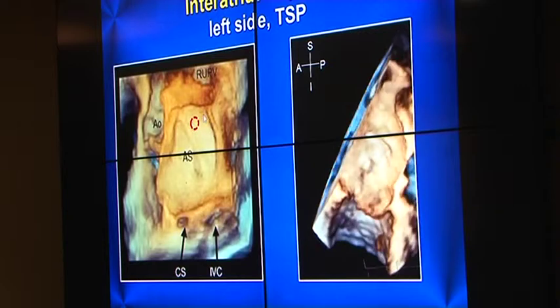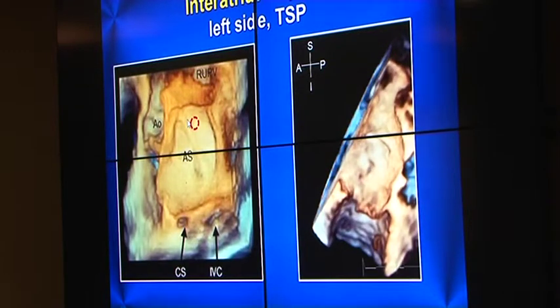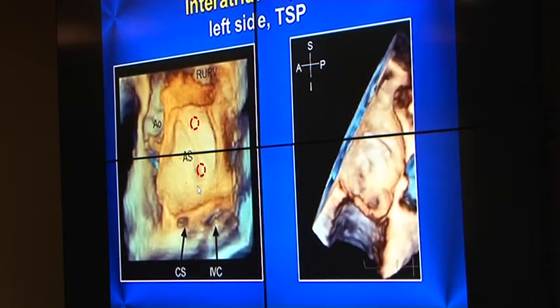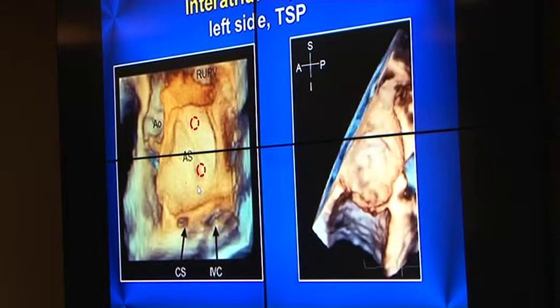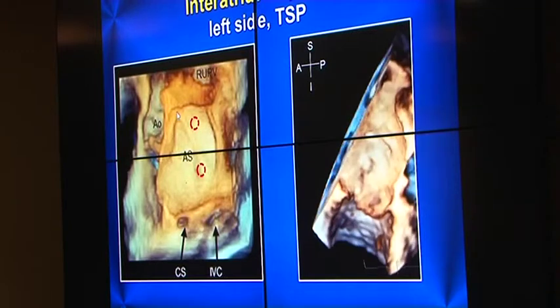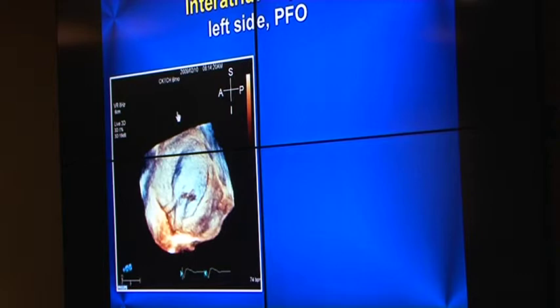For example, we should select a superior-posterior crossing point in case of mitral clip implantation. But if we would like to close the appendage, we would select a posterior-inferior point for the crossing. And during the intervention, when an echocardiographer provides this en face view, it's easily recognized where the interventionalist tried to cross and whether it is a proper place for that intervention or not.